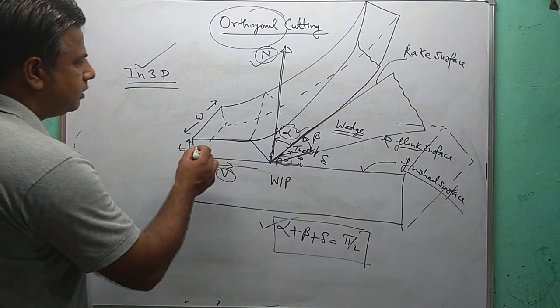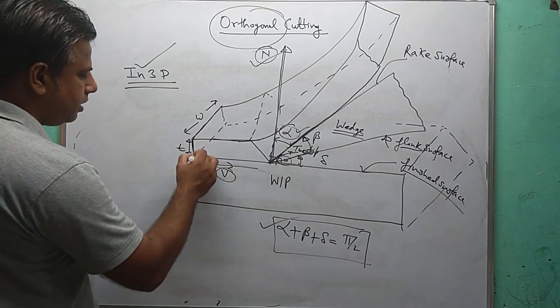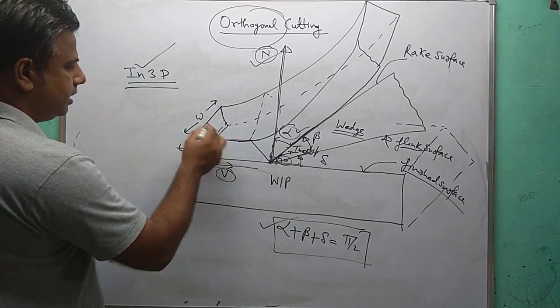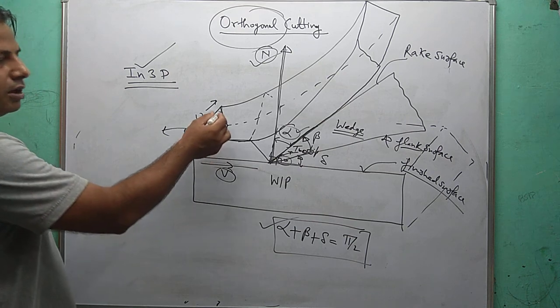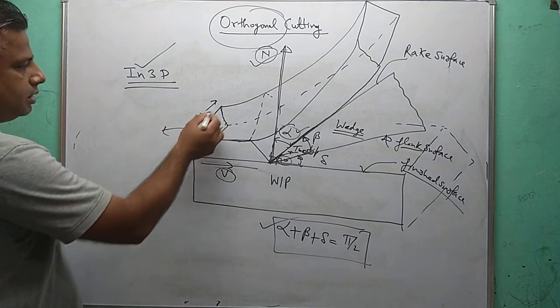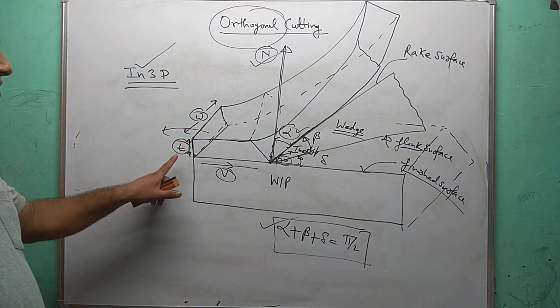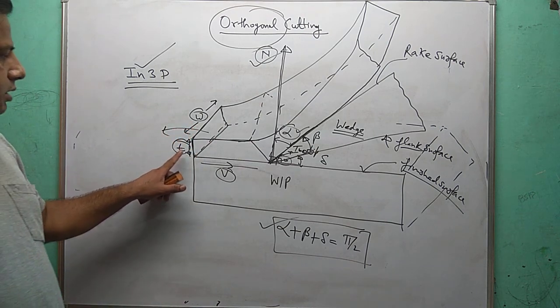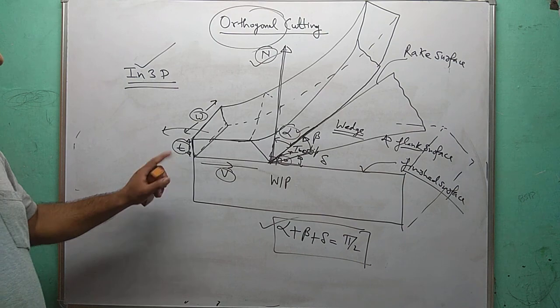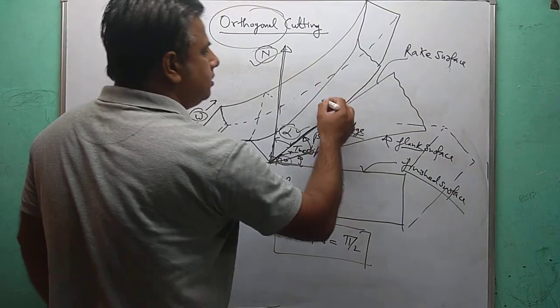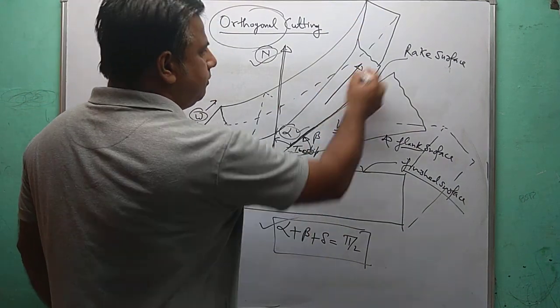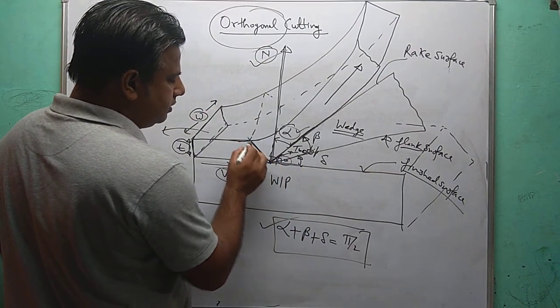Here I want to explain the cross-sectional area. The cross-sectional area of the uncut layer is W into T, where W is the width of the workpiece and T is the uncut chip thickness or uncut layer thickness. And this is my chip flow, this is my shear plane.